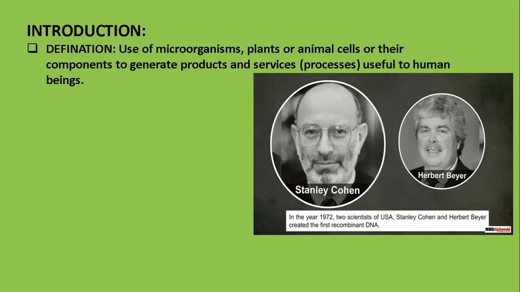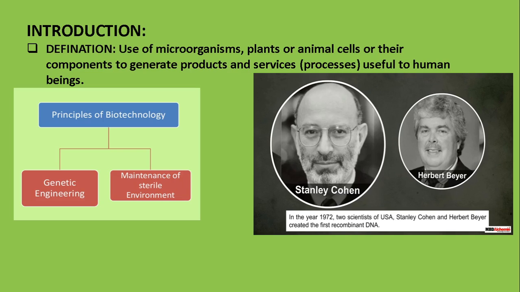If you can recall, a plasmid is the extra-chromosomal, circular DNA you find in bacteria. That plasmid is then transferred to Escherichia coli. So finally, Escherichia coli will produce the product. That was how the first recombinant DNA was created by Cohen and Boyer.